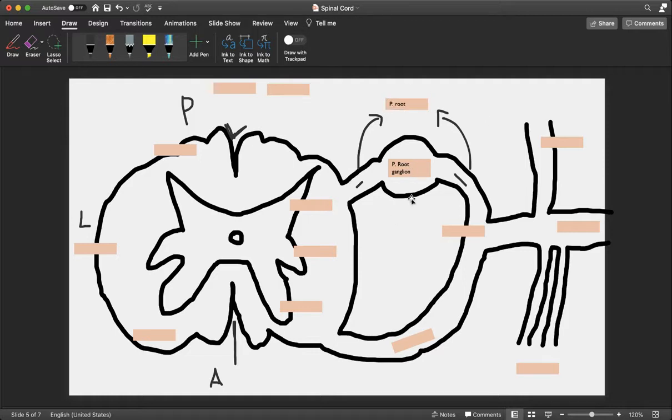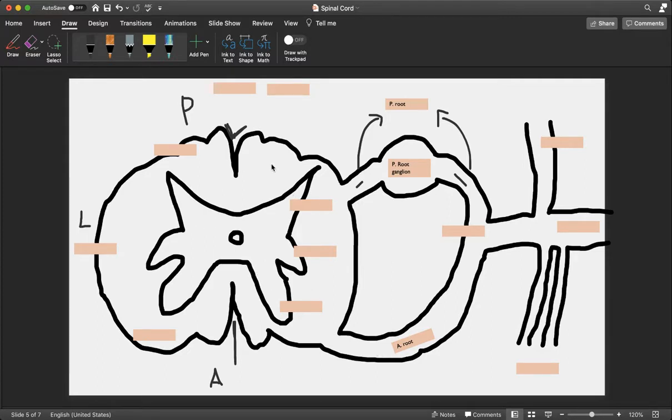All right. So if we have a posterior root, then we probably have an anterior root, all right? So the lateral extensions coming off of the body of the spinal cord, we could call it, those are your roots. All right. Now let's actually deal with what's going on in the spinal cord.